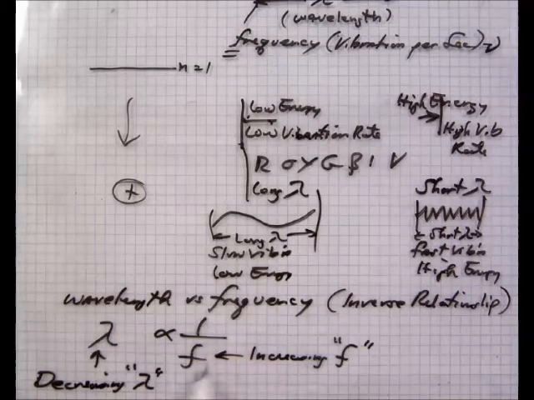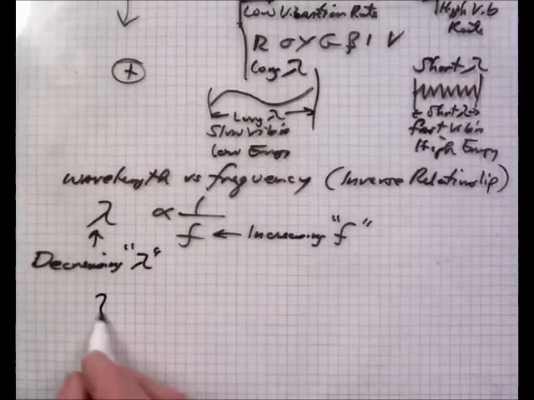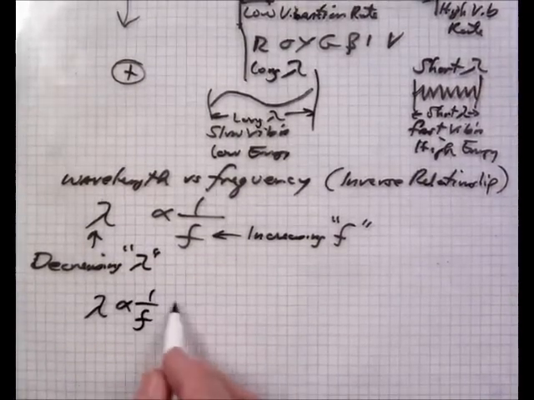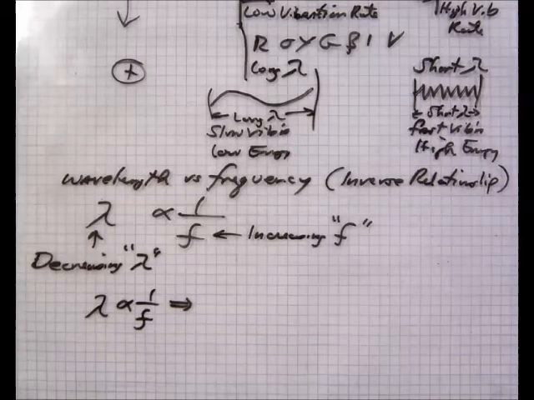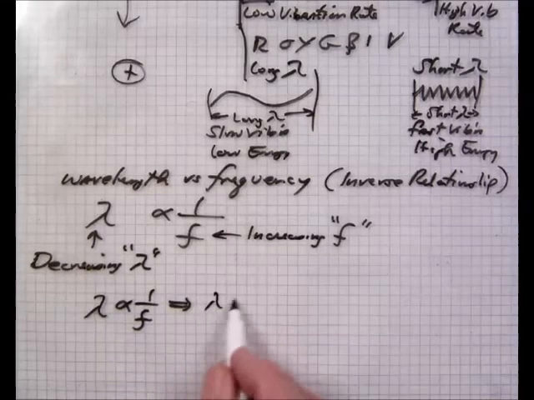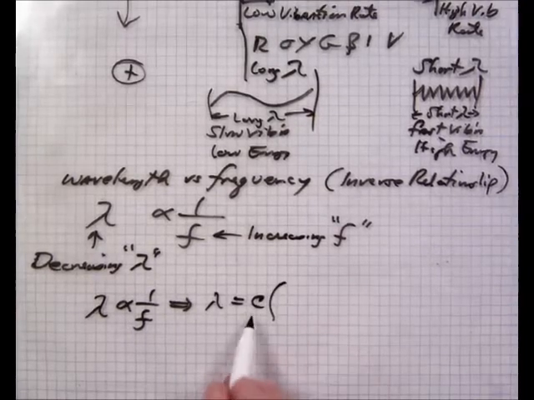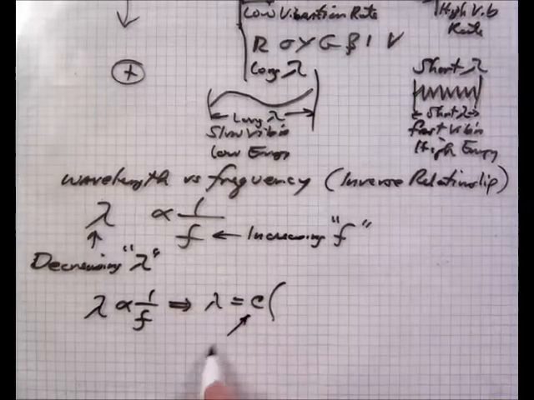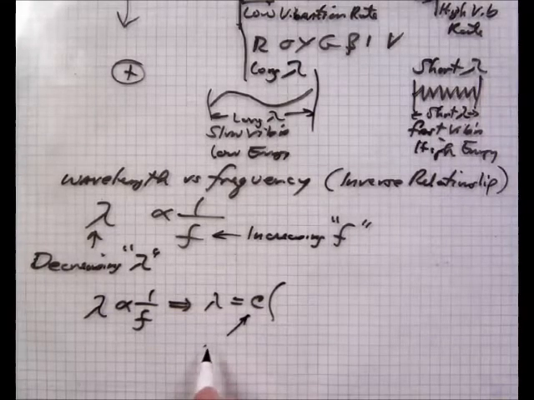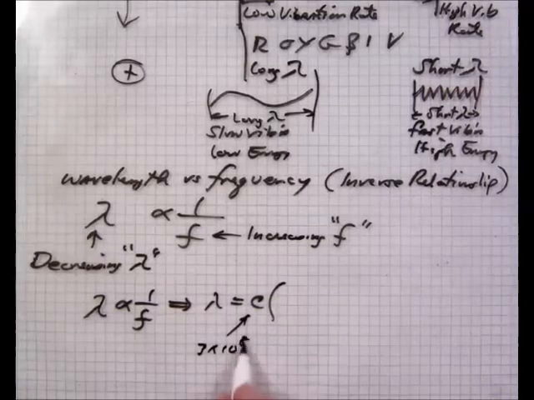So we now have a proportional relationship. Well, it turns out to make this an equation, lambda proportional to 1 over frequency, we put in a proportionality constant. Well, it turns out the proportionality constant that connects wavelength and frequency is the speed of light. It is the constant. So lambda is equal to the speed of light, and we use a lowercase c for the speed of light, 3 times 10 to the 8th meters per second.